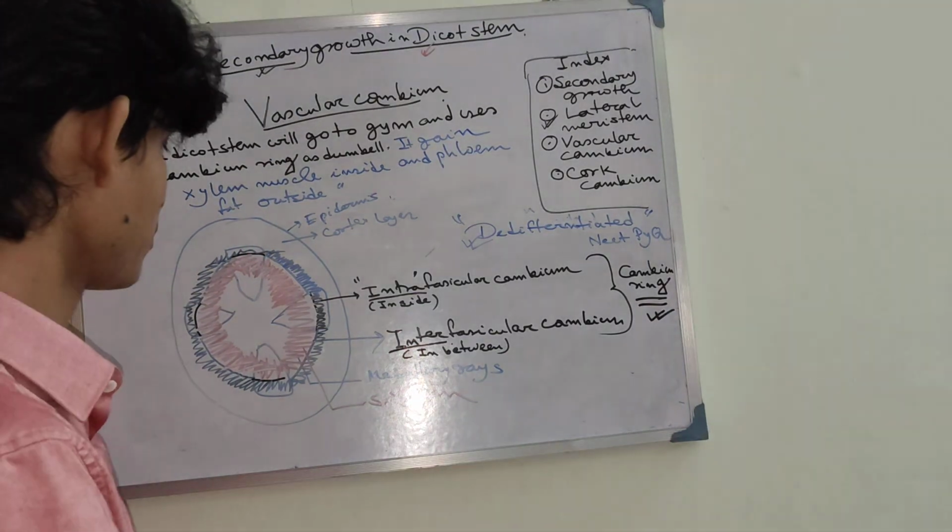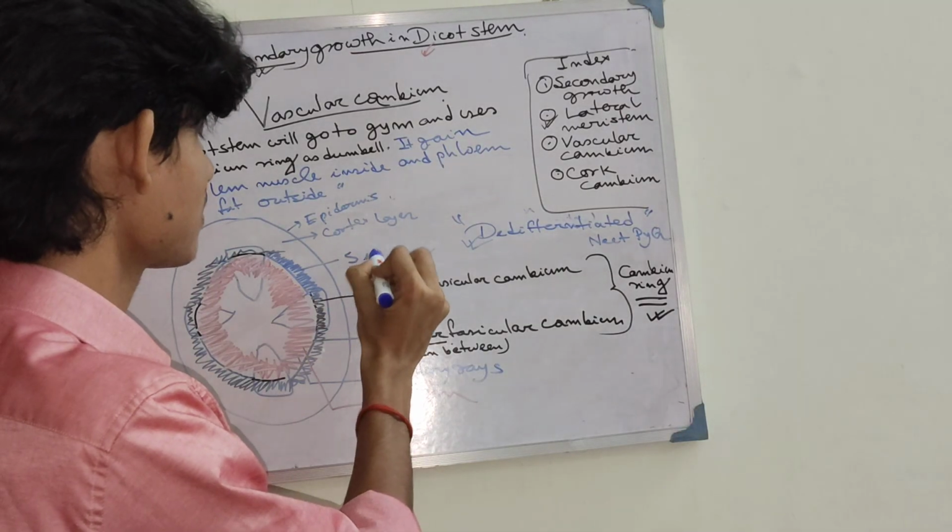On the outer side it will produce secondary phloem. From the inner side, what will be produced? Secondary xylem. On the outer side, it will produce secondary phloem.